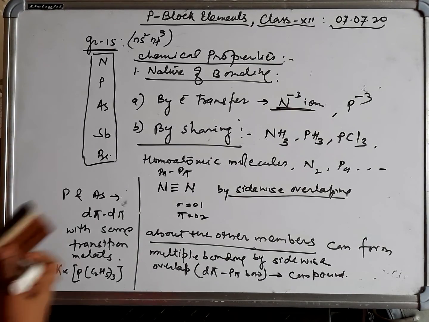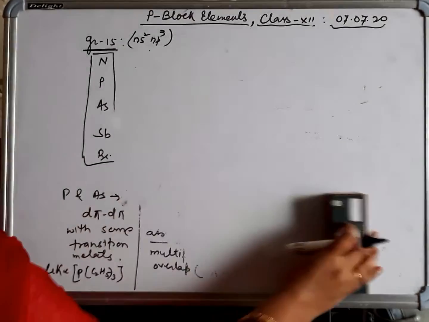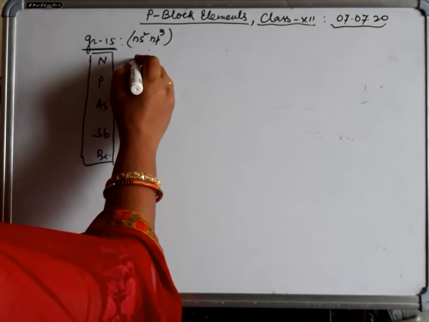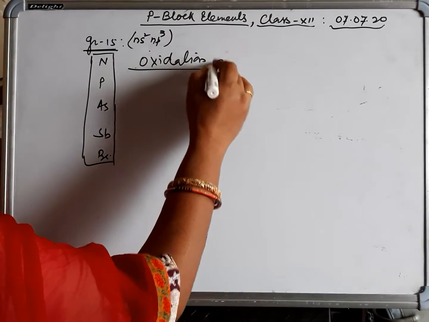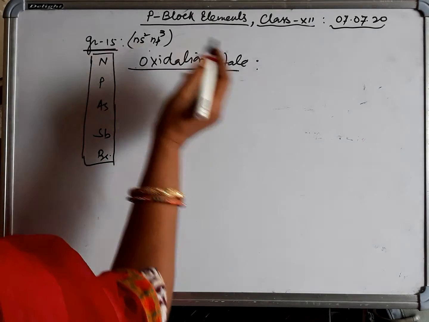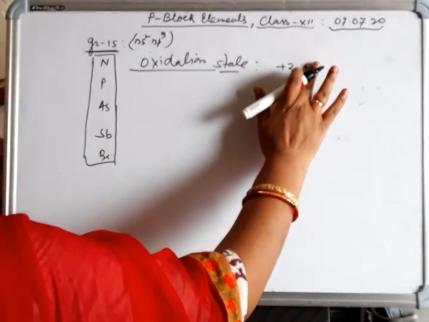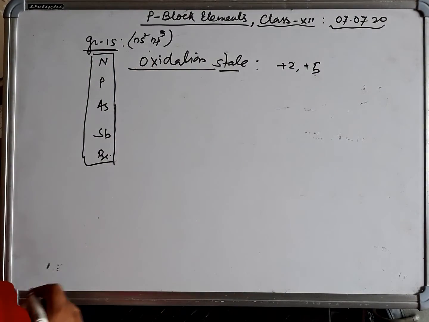Next we discuss the oxidation state. All the members have a tendency to show variable oxidation states, +3 and +5.